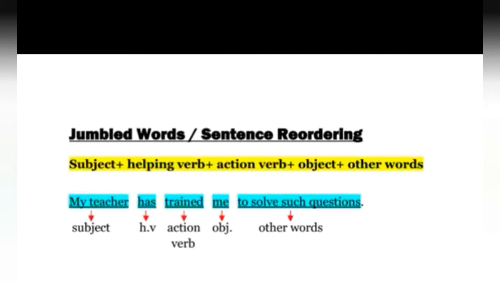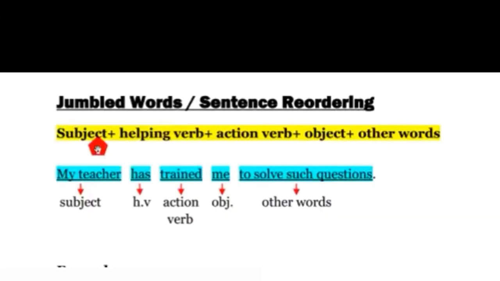So, while rearranging the sentence, we have to keep in mind subject plus helping verb plus action verb plus object plus other words. A subject can be a noun or a pronoun.